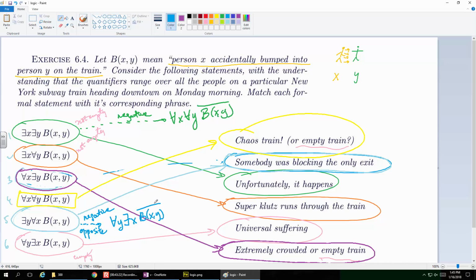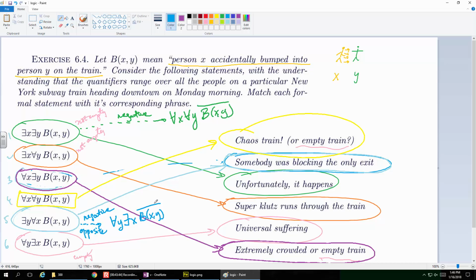You can just start from scratch and see if it makes sense. So let's read this new statement. What does it say? For any y, so any person on the train, what can we say about him? There is somebody who did not bump into that person.